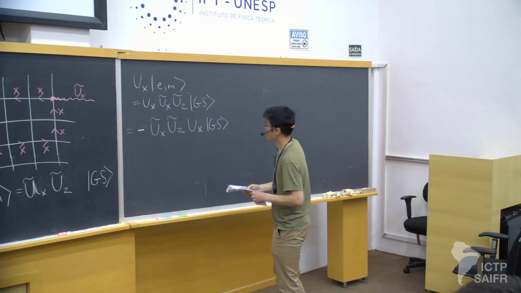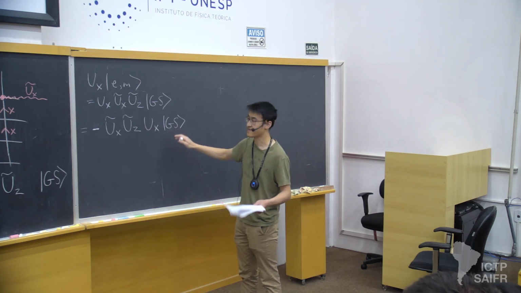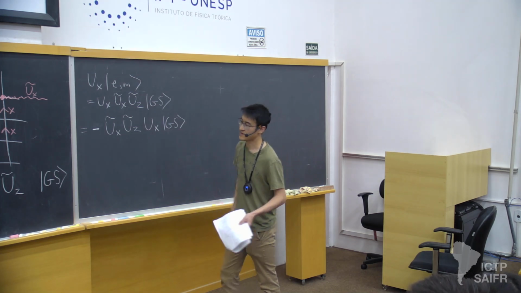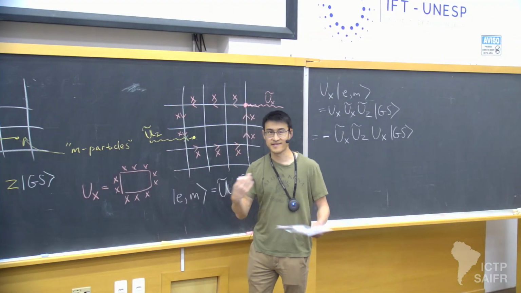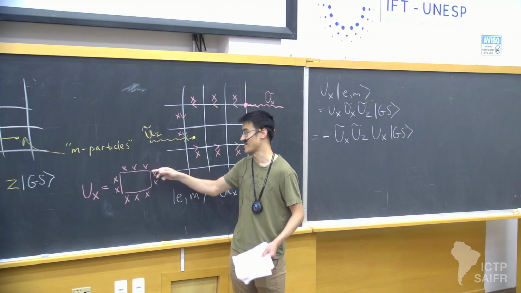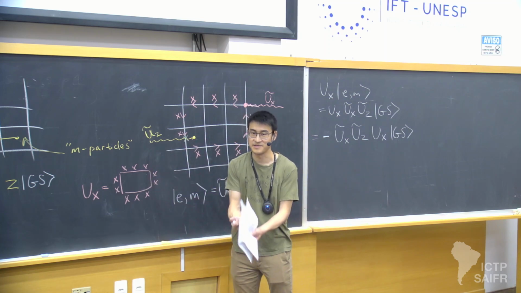Okay? And then finally, UX ground state is just a ground state, right? If I act with this operator on the ground state, it just does nothing, right? Because this is the same thing as creating a pair of E excitations and then annihilating them.